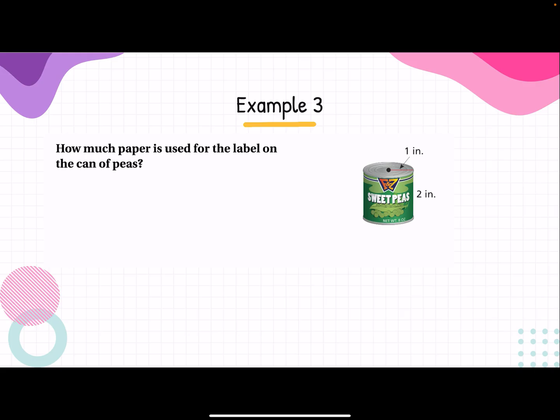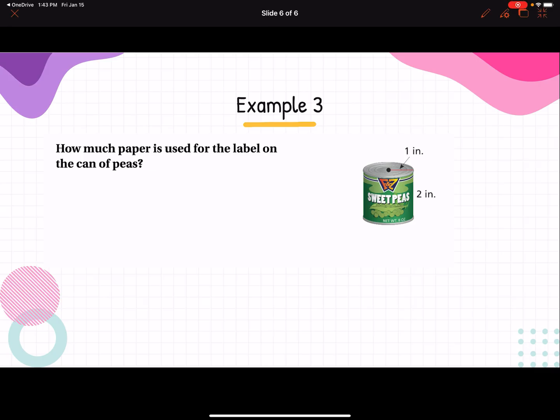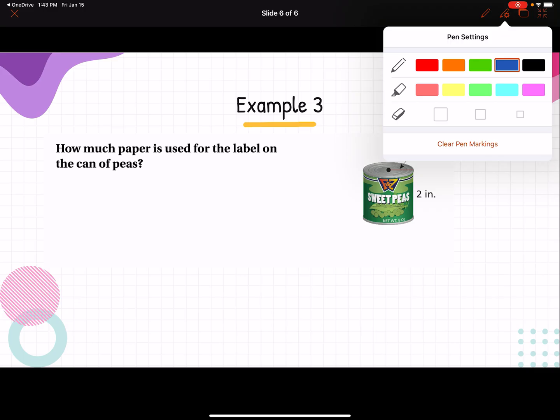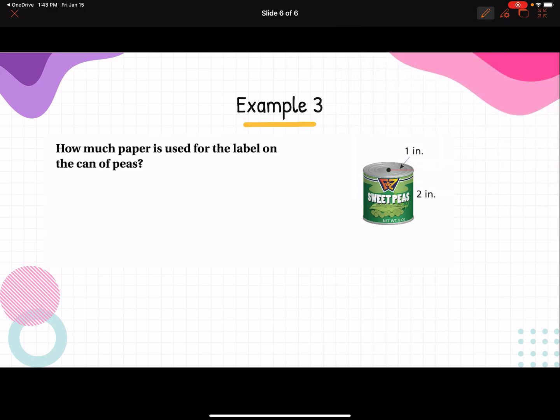Okay, example 3. Now notice the question on example 3 doesn't ask for the surface area. It says how much paper is used for the label on the can of peas. So if we're thinking about taking this cylinder apart, remember we have the two bases. We take apart the sides to make the lateral surface area.